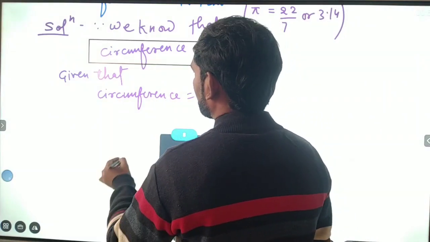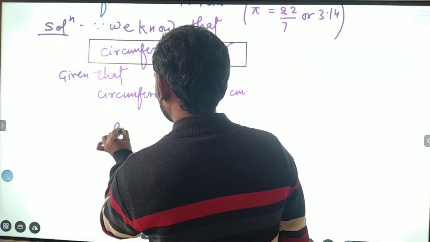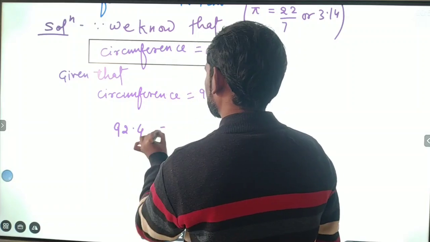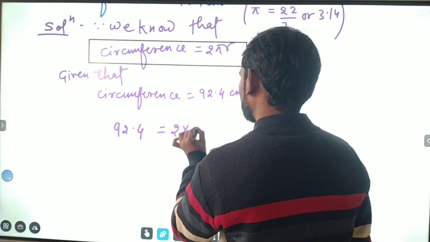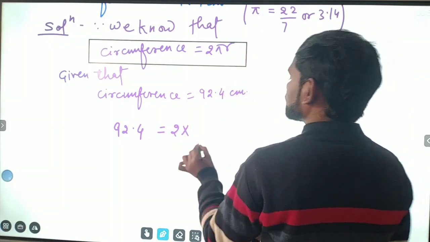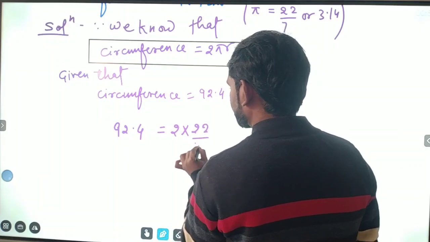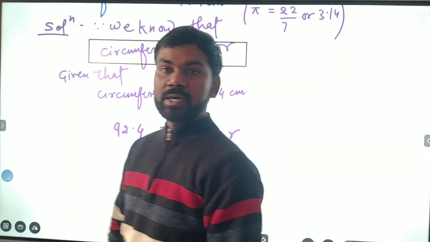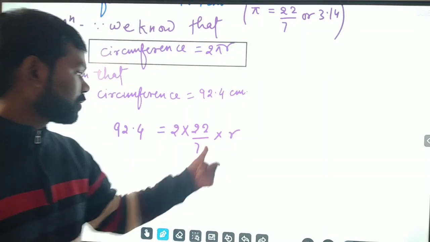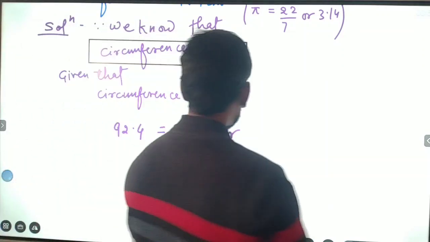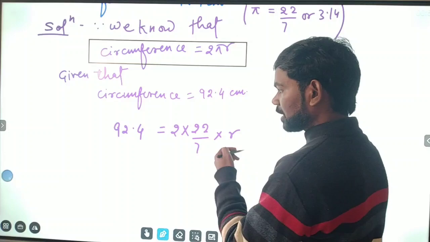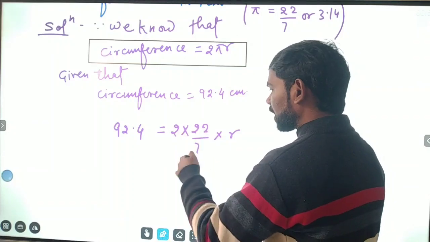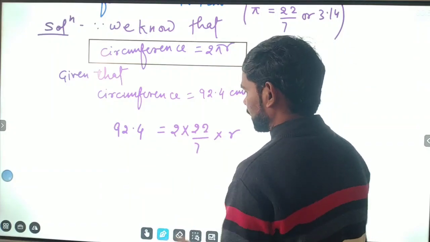So we write 92.4 is equal to 2 into the value of pi, which is 22 upon 7, and into r, which is the radius, and this radius we have to find out. So leave the r as it is. Now transfer all the numerical quantity to the left side.